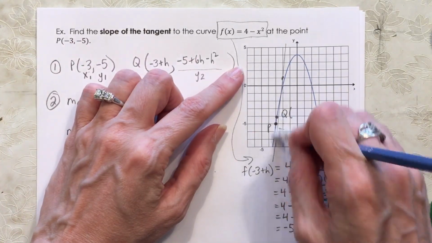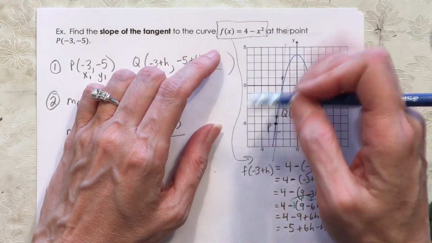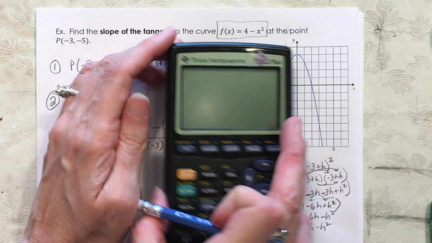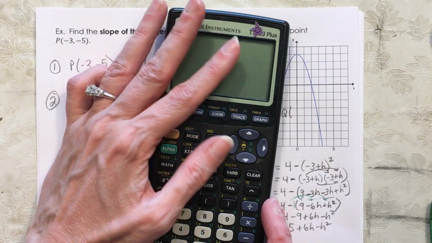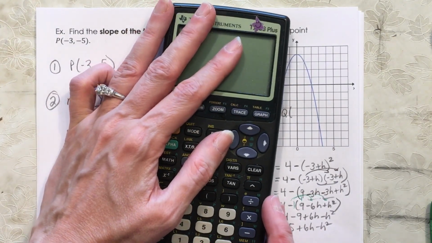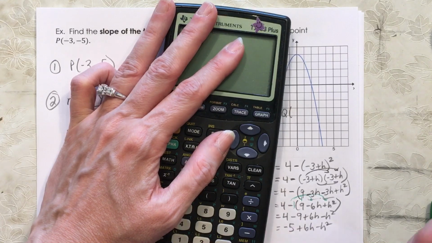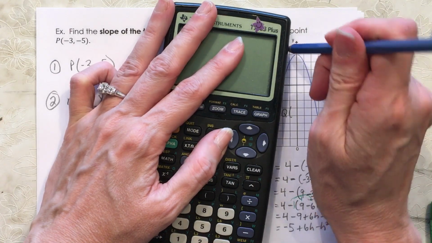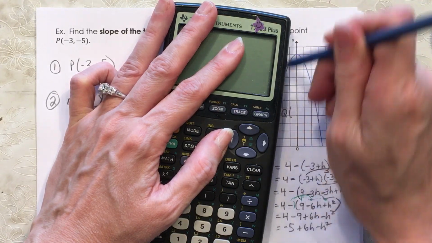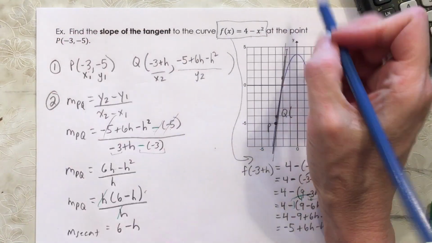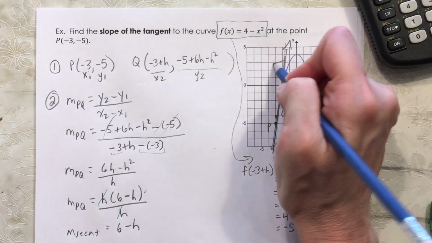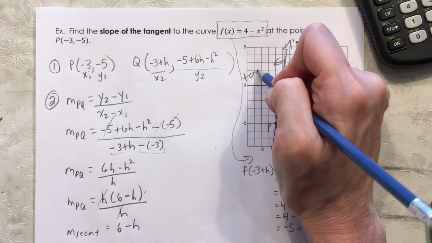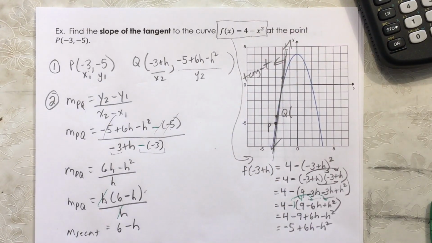Oh, that didn't work out so well. Ruler, so that's P. So this would be our tangent right here. And it has a slope of 6.